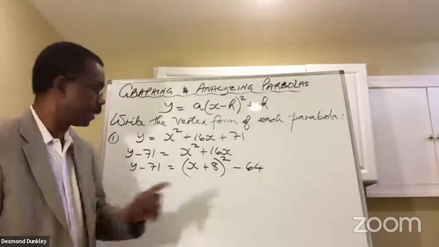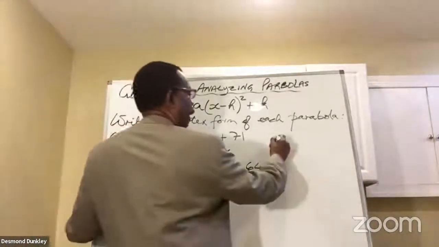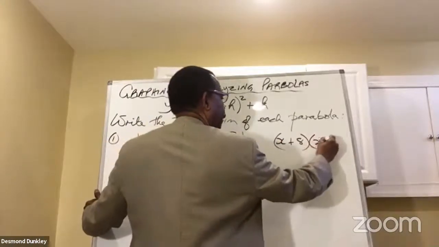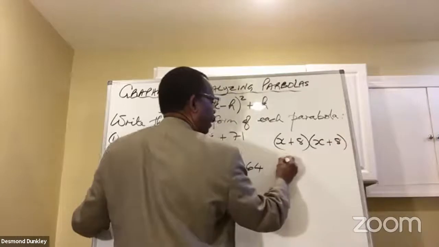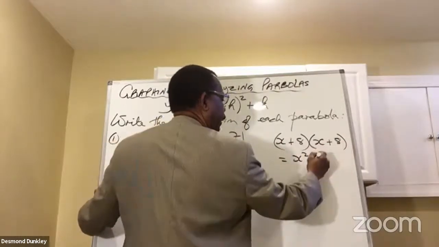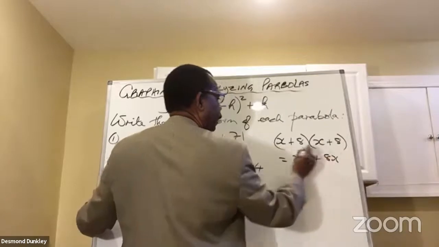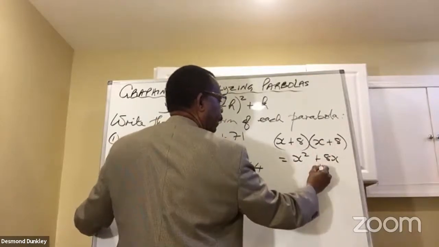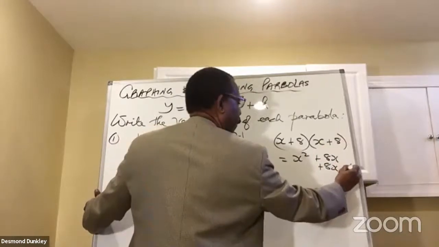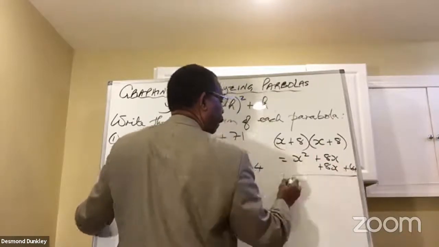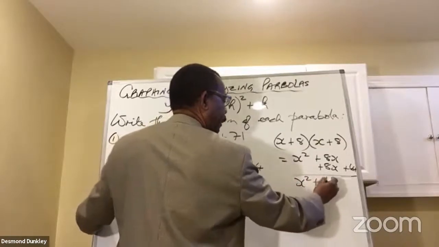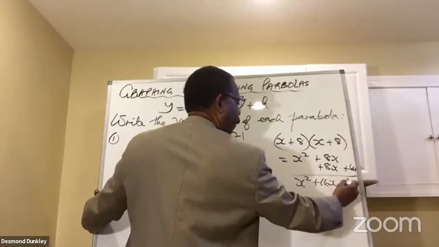Can I prove it? Let's go: x plus 8 times x plus 8 equals x times x, x squared. x times 8, 8x. 8 times x, 8x. 8 times 8, 64. Add these together, we end up with x squared plus 16x plus 64.